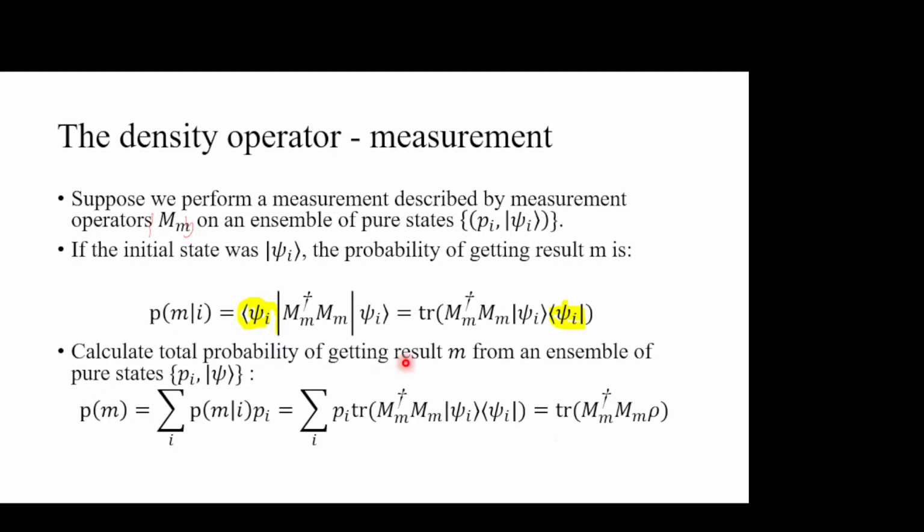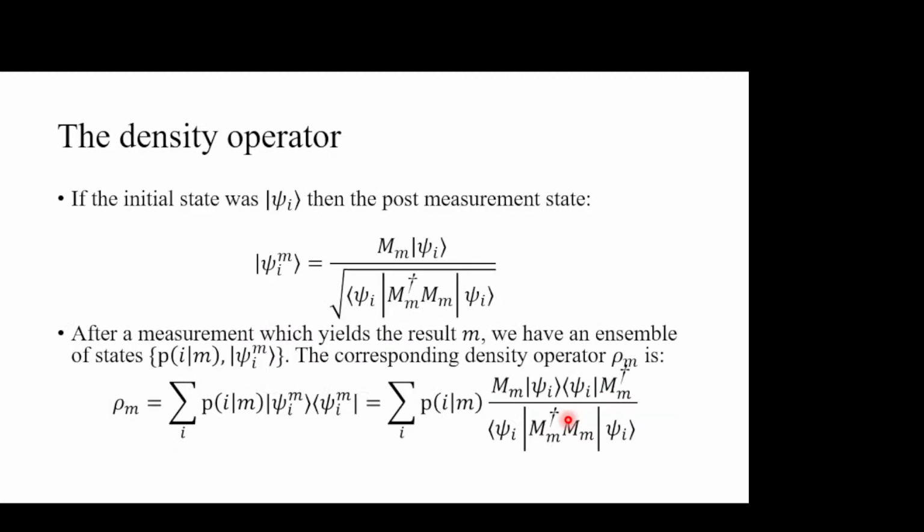And so the outcome probability is the same, and we want to see that the post-measurement states are also the same. When we say post-measurement state, we actually mean the post-measurement density matrix. But anyway, let's see the post-measurement state. Once again, let's do each initial state first.